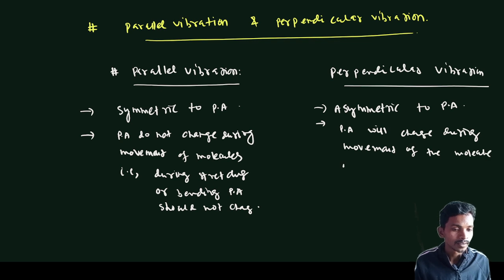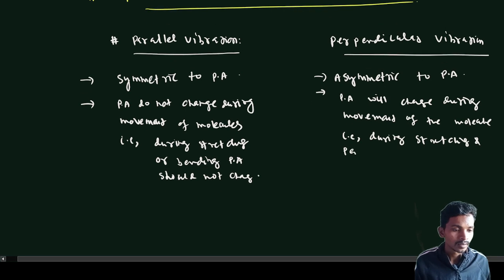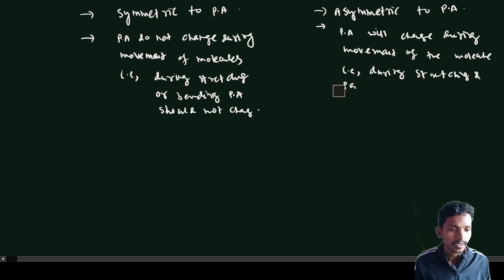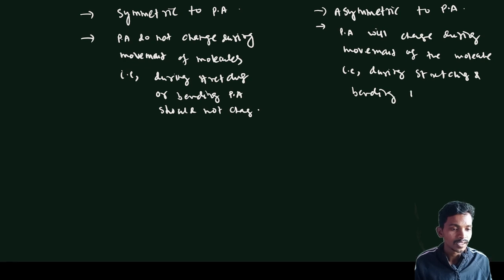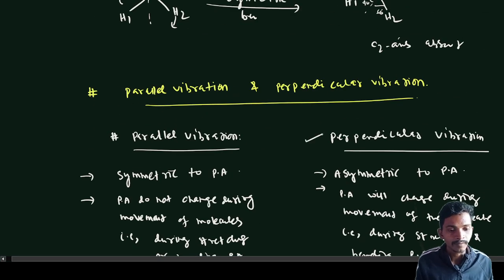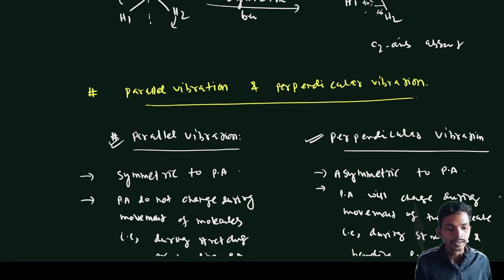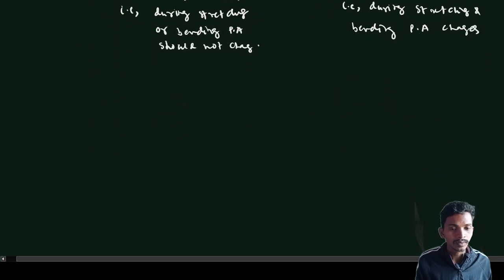It means during stretching and bending, the principal axis changes. That is called perpendicular vibrations. And parallel vibrations means the principal axis will not change. So we will take examples and you will understand.